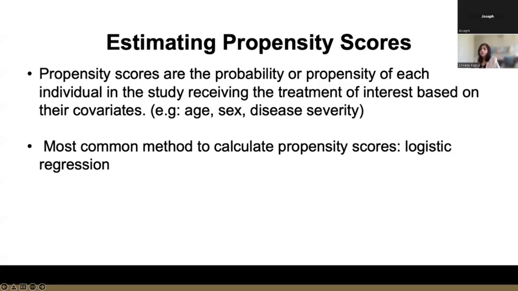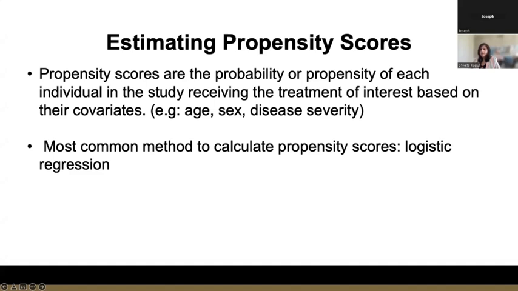Next, we would move on to more details about estimating propensity scores. So like I mentioned earlier, propensity scores are basically the probability of each individual in the study receiving the treatment of interest based on their covariates.